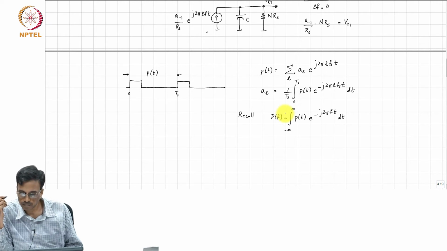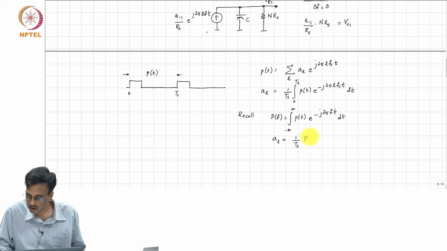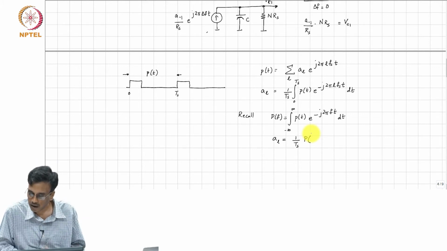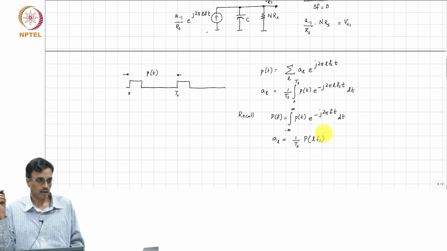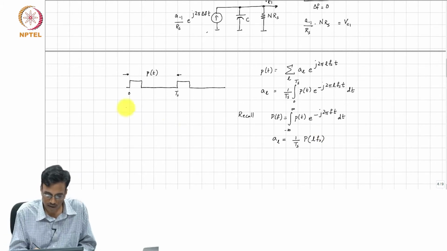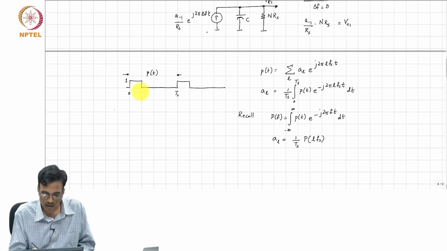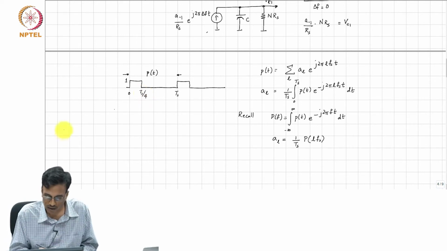So, to get A sub L, all you need to do is evaluate the Fourier transform of that one period of the waveform at L times Fs, and multiply by 1 over Ts. In our case, P of t is basically 1 for a duration Ts by 4.